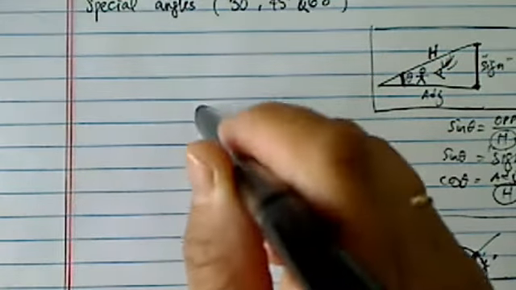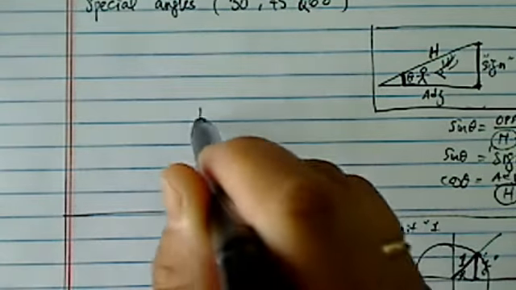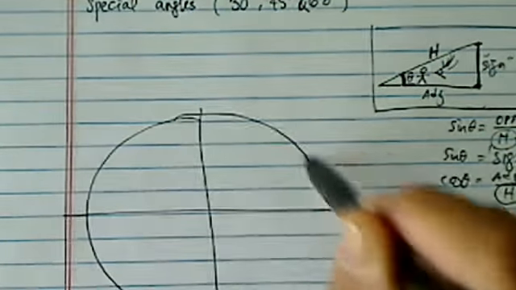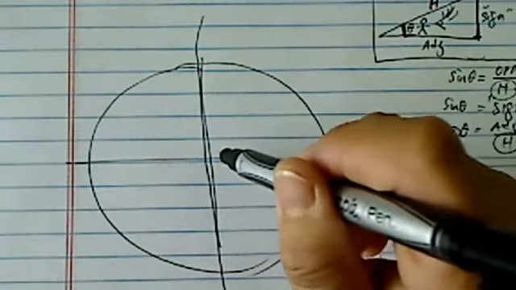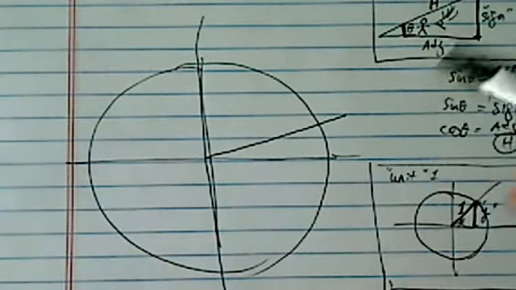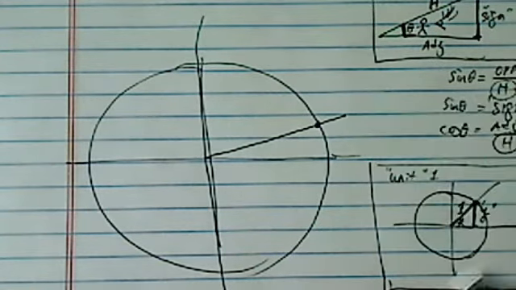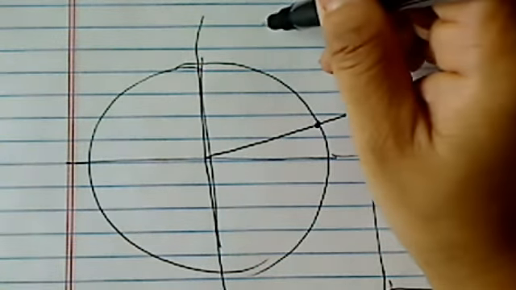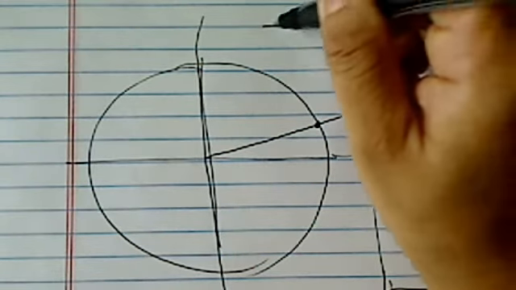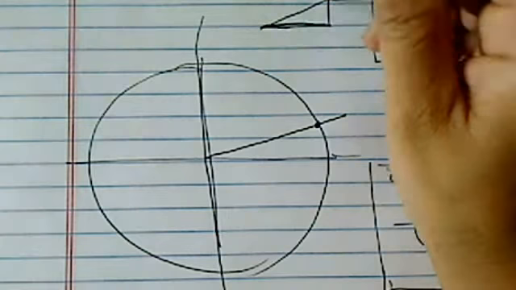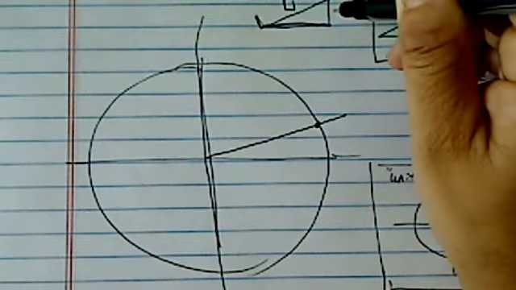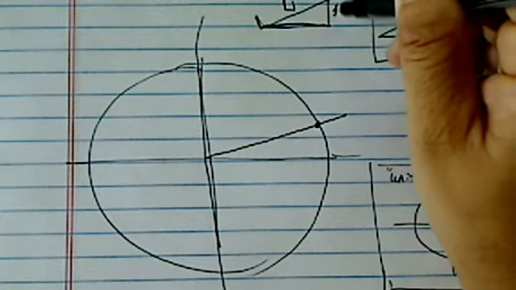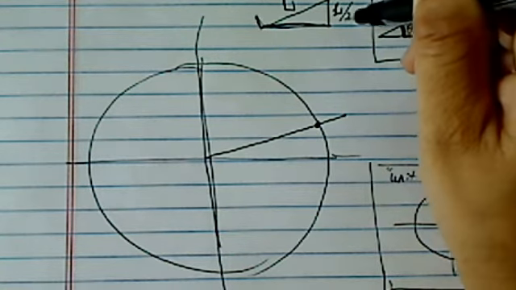Okay, so we're going to actually use this one, and let's go back to talk about the big picture of special angles. Now I'm going to draw to my best ability a circle. Well, it's not too bad. Could be a lot worse. So here's the circle. Let's start with 30 degrees here. 30 degrees has this really nice property in that the longest leg, which is the hypotenuse, is twice the shortest leg.